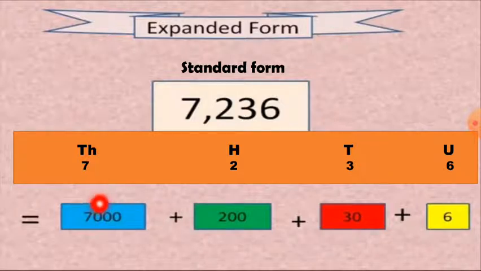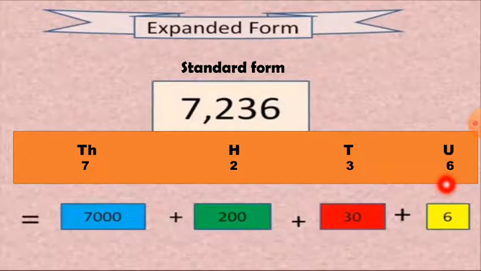Here 30 will come, because after thousand how many place values are there? 1, 2 and 3. So we write here 30 plus 200. 2 is at hundred place, so we write 200. As after hundred two values are there, we put here 20 plus 30. Here 3 is at tens place, so we write 30.